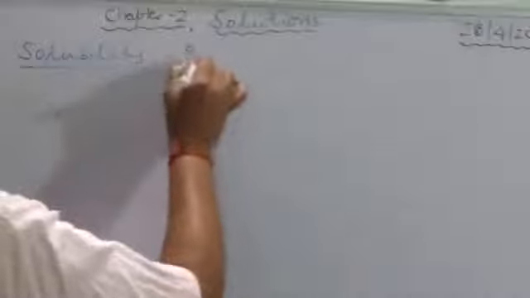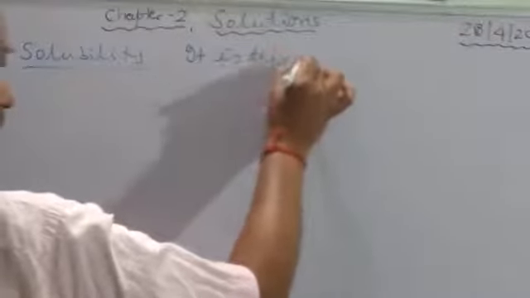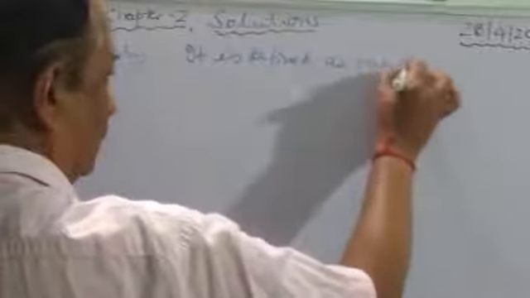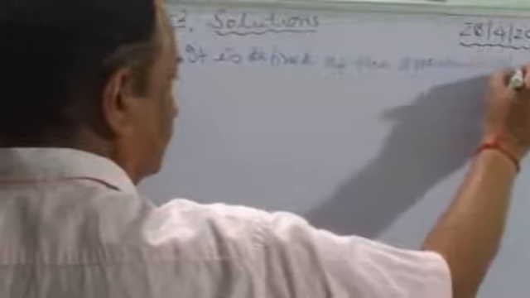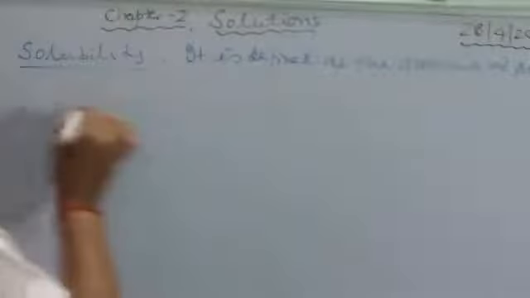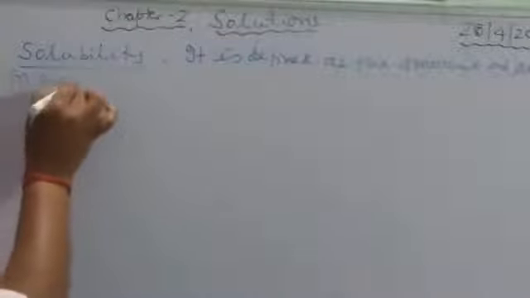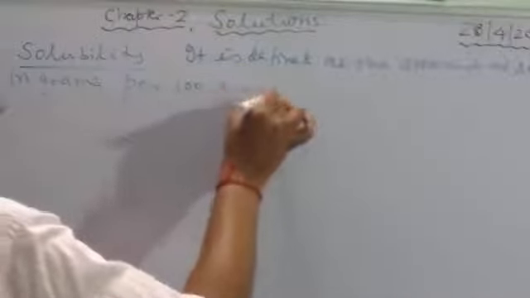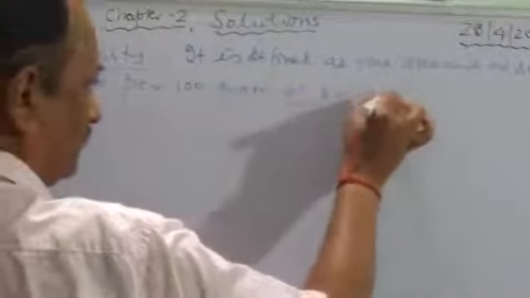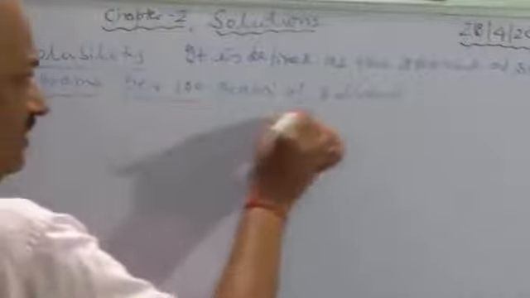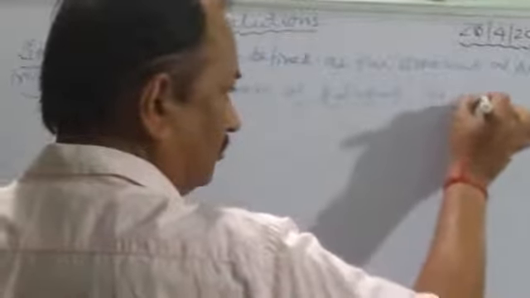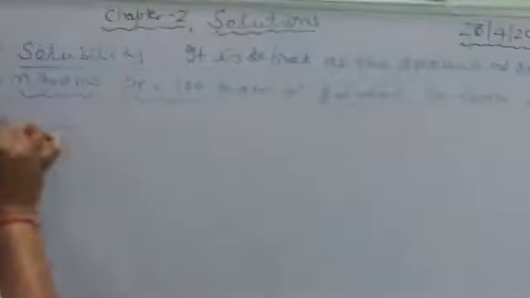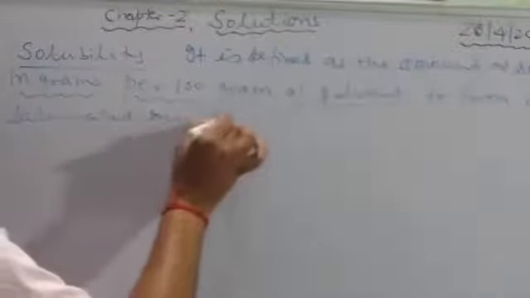So it is defined as the amount of solute in grams per 100 gram of solvent to form a saturated solution.